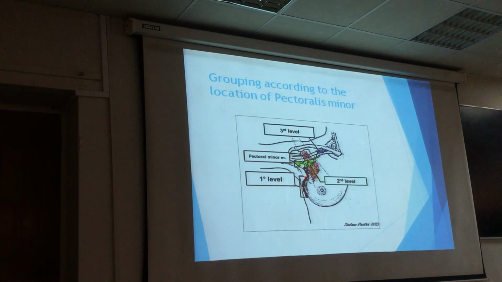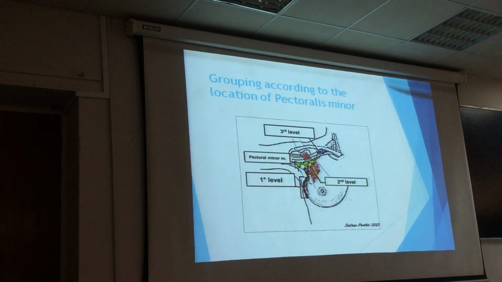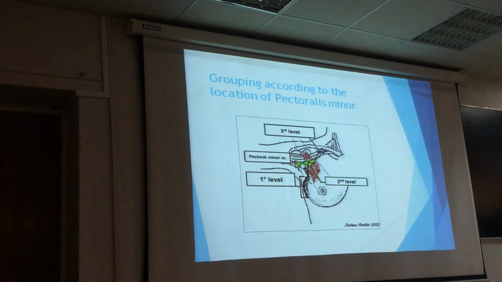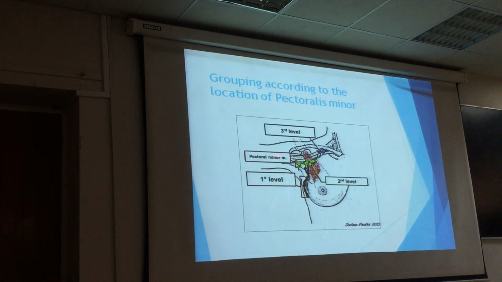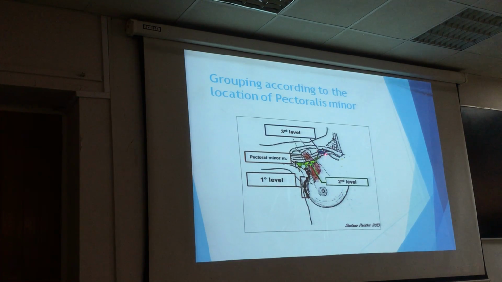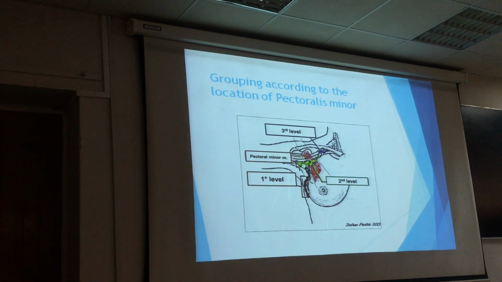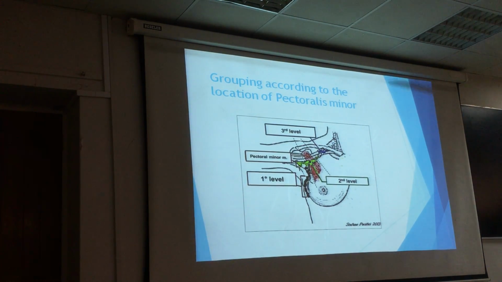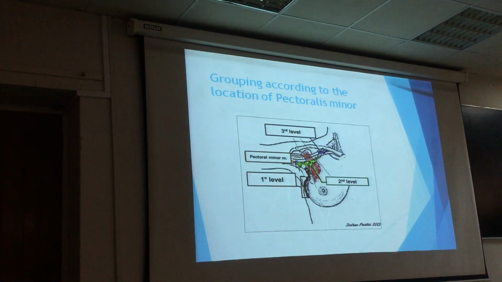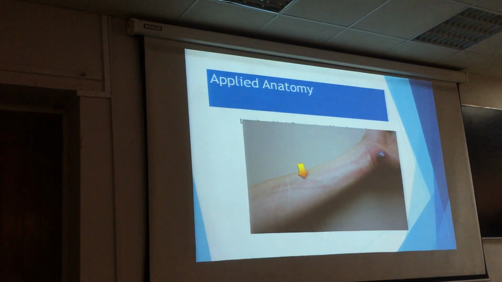This is the anterior group of the axillary lymph nodes, which comes in the first level. Then this is the pectoralis minor muscle, and underneath it you can see the lateral group over here. Then even the posterior and the central group over here come in the second level of the classification. And the third one you can see, that is the infraclavicular group or the apical group of the lymph nodes, which comes in the third level of the classification. This classification is according to the pectoralis minor muscle, which is passing over them.